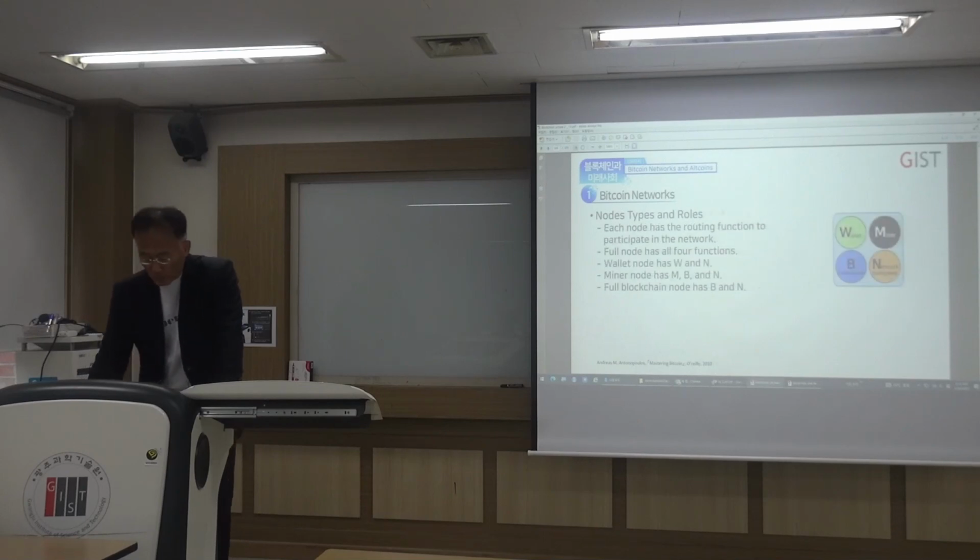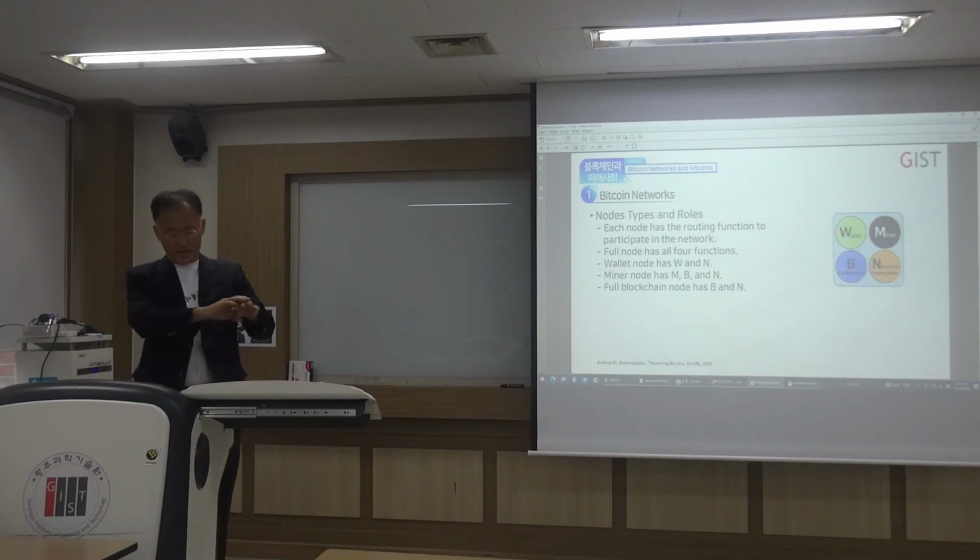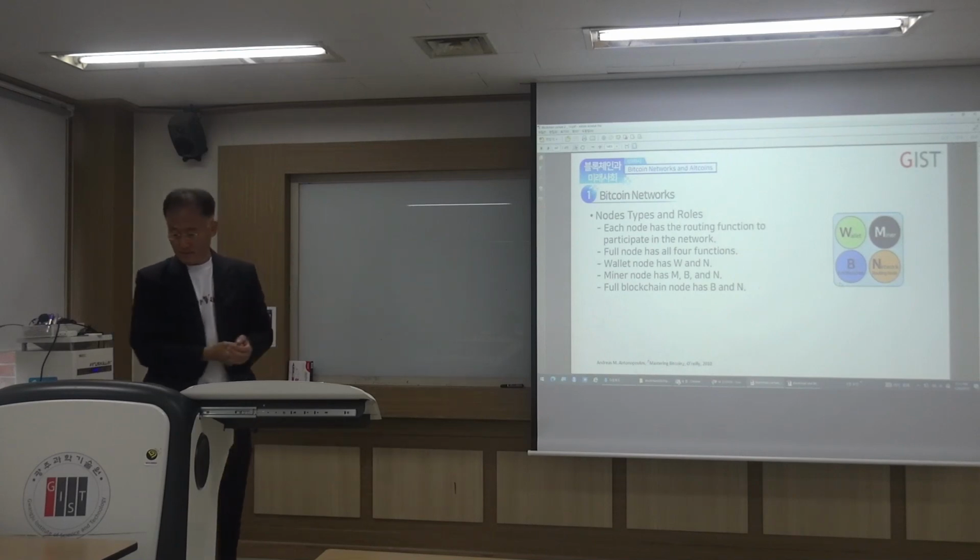And so we can just highlight it this way. A node can have different kinds of functionality. If a node has every function, right? It has stored the whole blockchain, as well as it has a wallet.